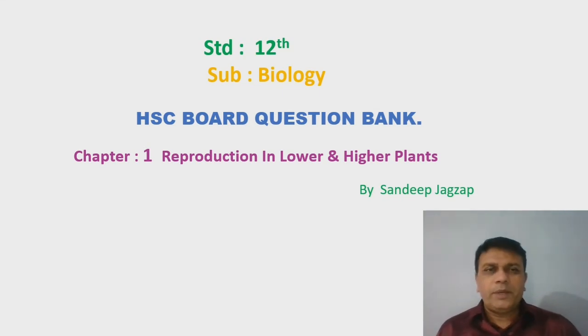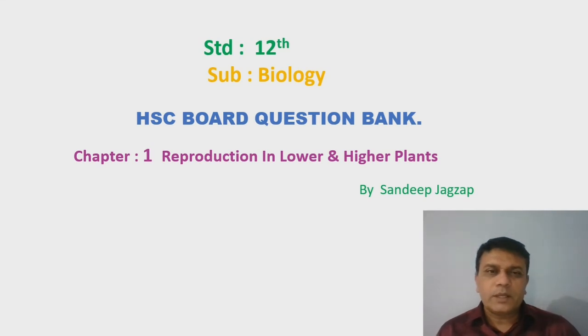Then section B consists of question number 3 to question number 14, and there are total 12 short answer questions. Now each question carries 2 marks and you will have to attempt any 8 questions. So each question will carry 2 marks.